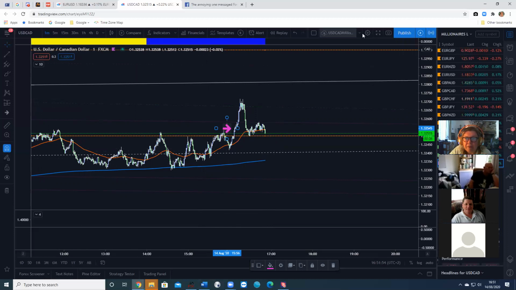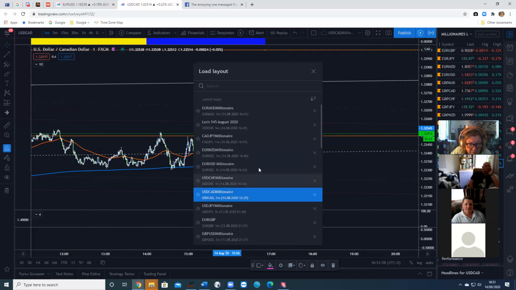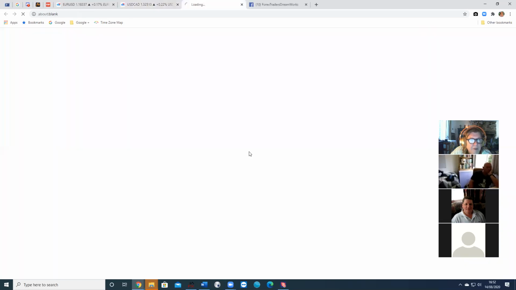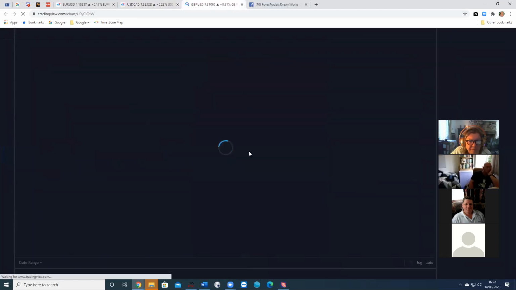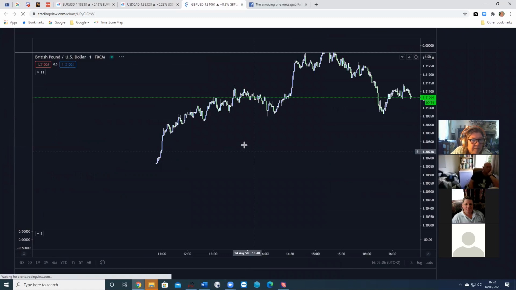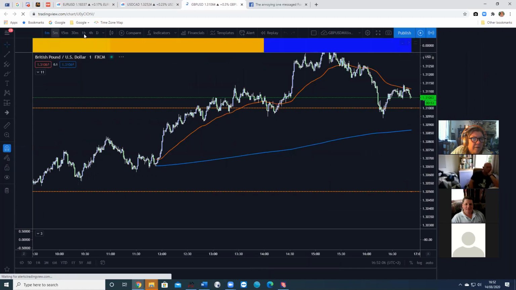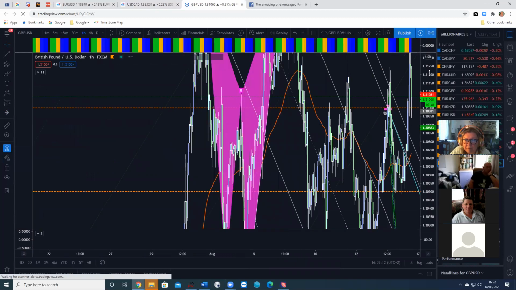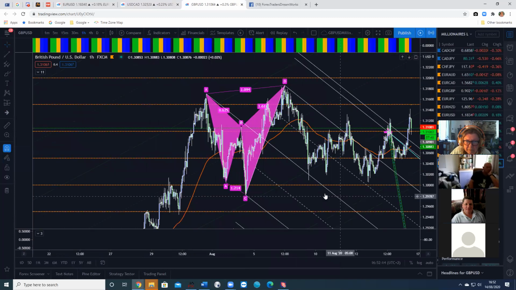So that's USD CAD. I'm just wondering if we could find one where we could look at how many trades we can get off one scan. GU, let's have a look at that. That hasn't completed.